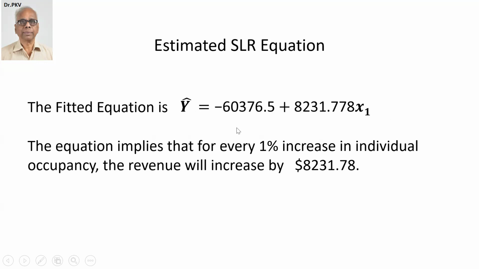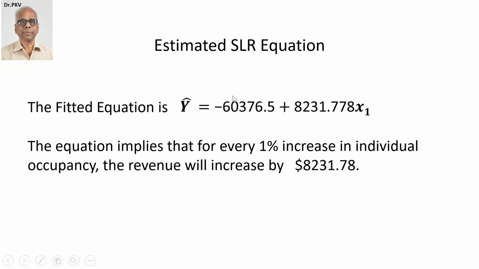Here it is positively impacted. It tells a story. And it also tells it's a fairly large amount, $8,231.78 for every 1% increase. So if you increase it by about 3%, straight away it will go up by about $24,000 to $25,000. The revenue management will be very happy.